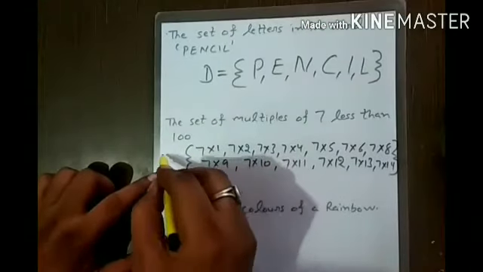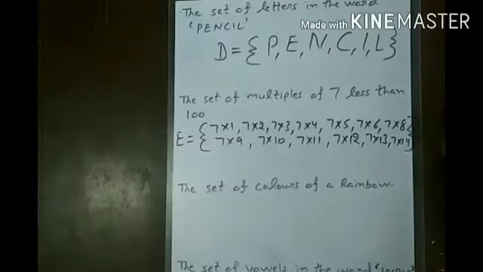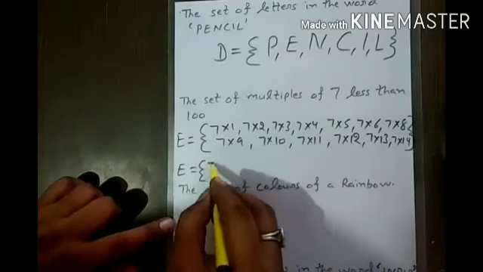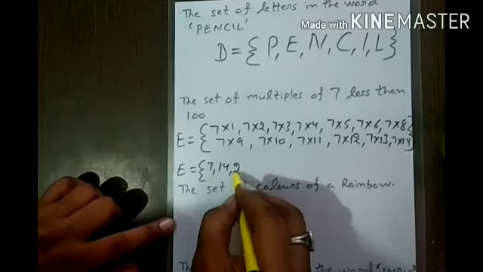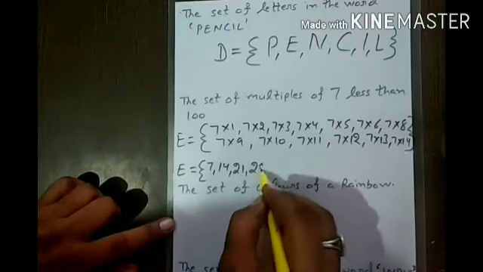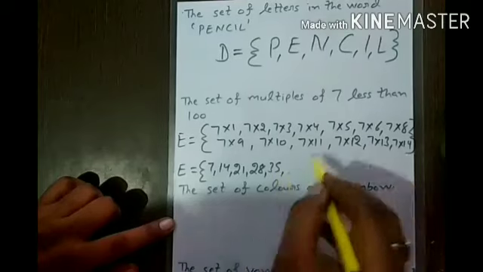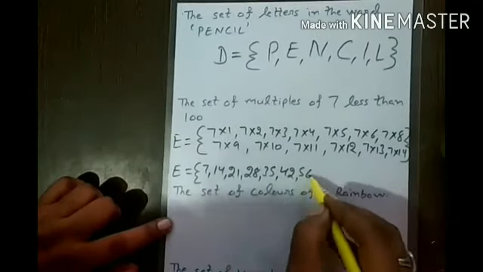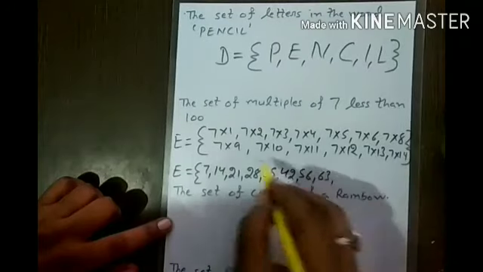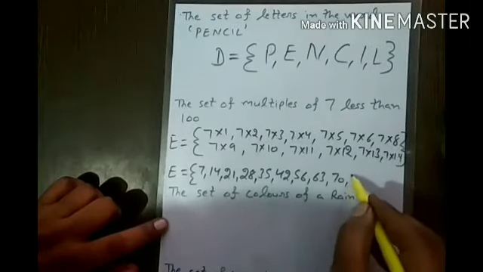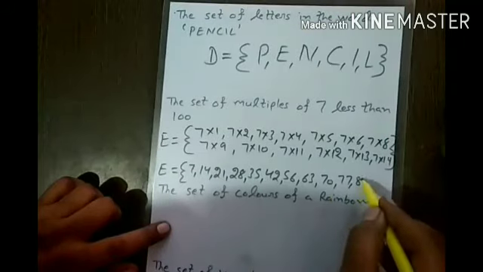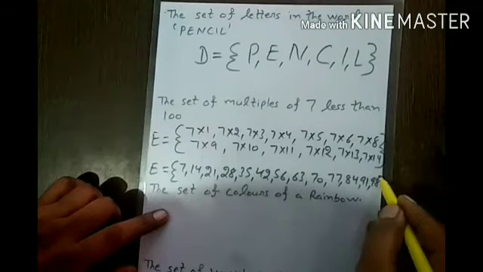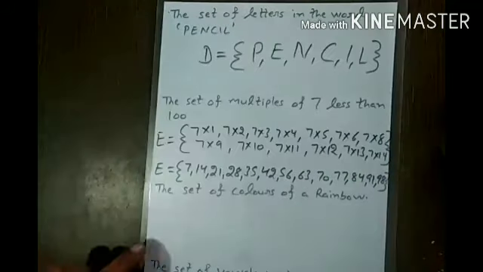I will name it E. Now I will write the exact values. E is 7, 14, 21, 28, 35, 42, 56, 63, 70, 77, 84, 91 and 98, and I will close the braces.